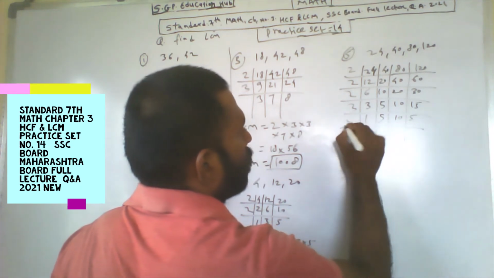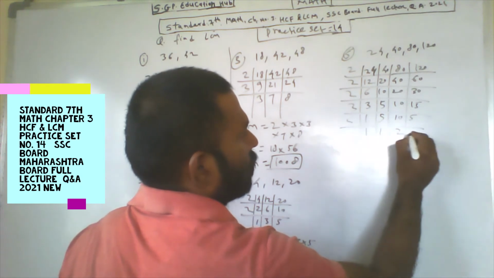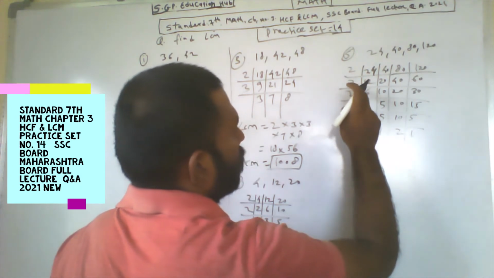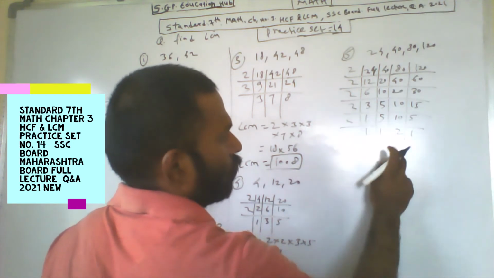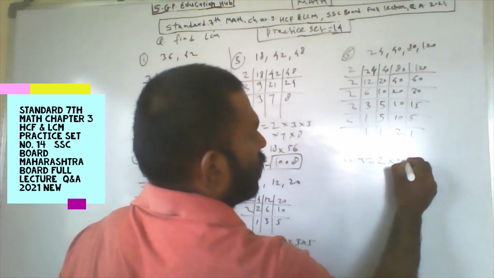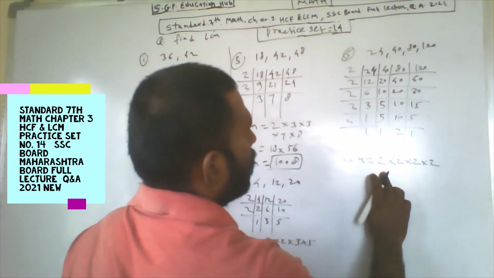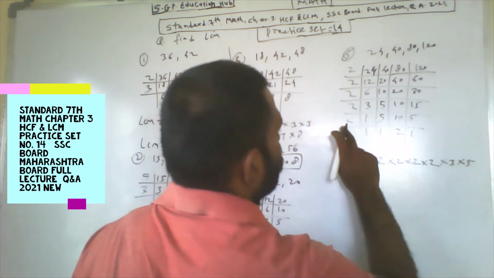Now with 5: 1 remains, 5 ones are 5, 5 twos are 10. Now how many times 2? 1, 2, 3, 4 times 2. LCM is 2 into 2 into 2 into 2, 4 times 2, and 3 one time, and 5 one time.